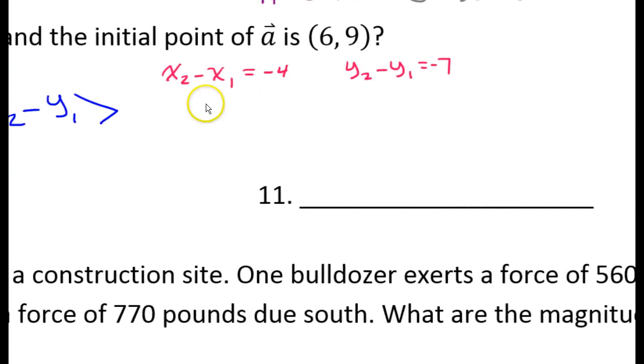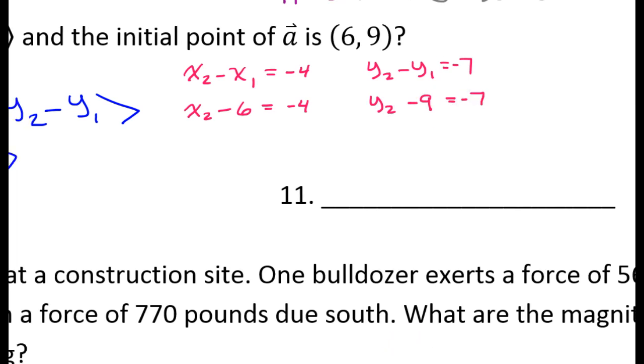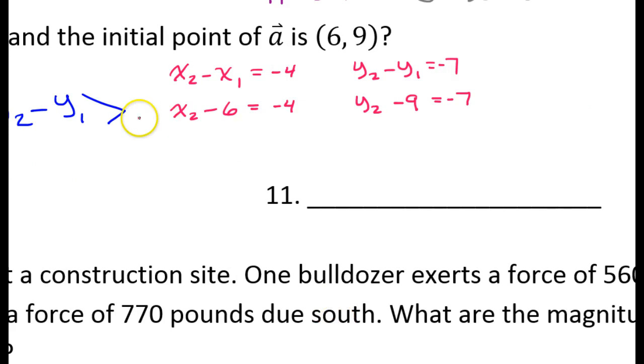So that means x2 minus 6 must equal -4, and y2 minus 9 must equal -7. So it's just a matter of solving these two little equations. Adding 6 to both sides gives me x2 is equal to 2.